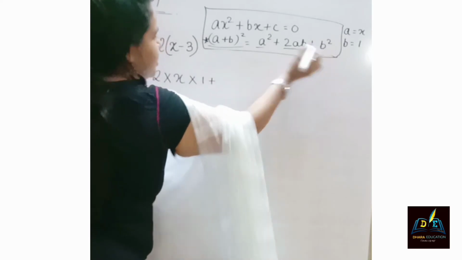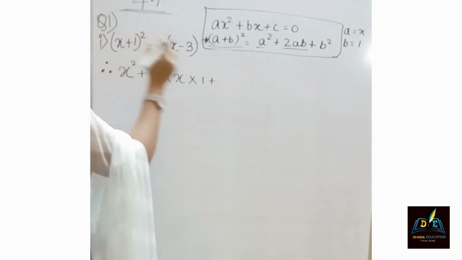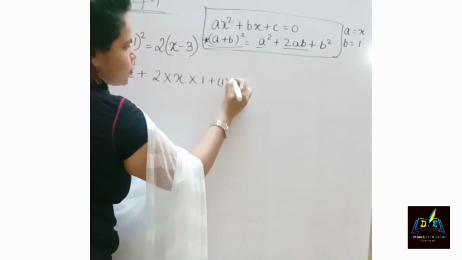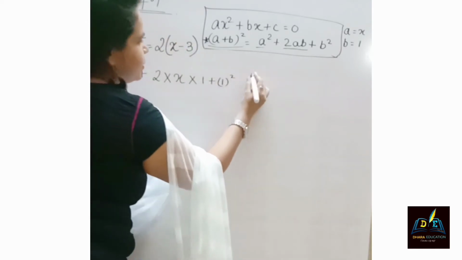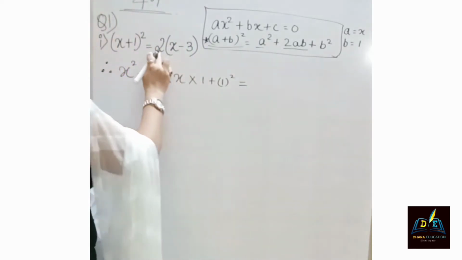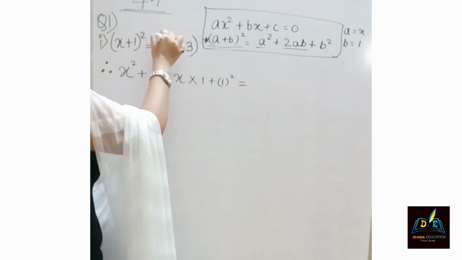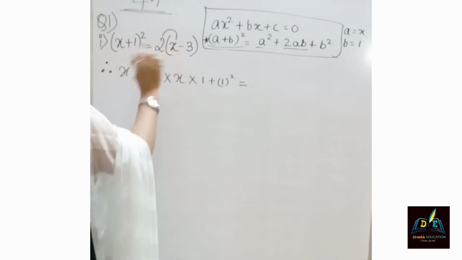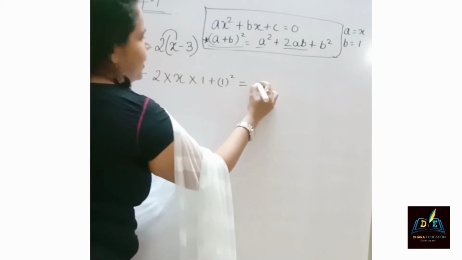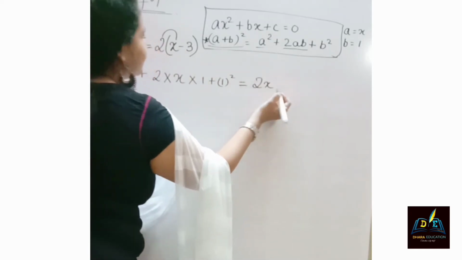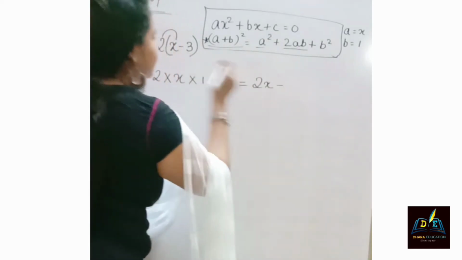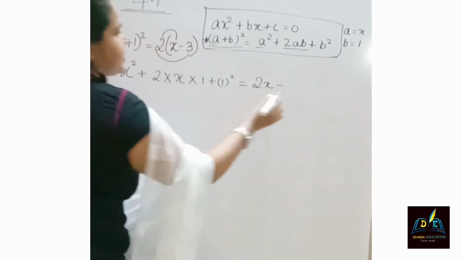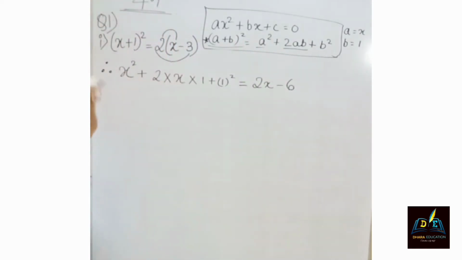Plus b square means what? b means 1, so 1 square is equal to, here we put is equal to. Now 2 is going to be multiplied with this, because there is no sign in between, right? So that is why 2x minus sign, 2 threes are 6. Am I clear on this particular step for everyone?